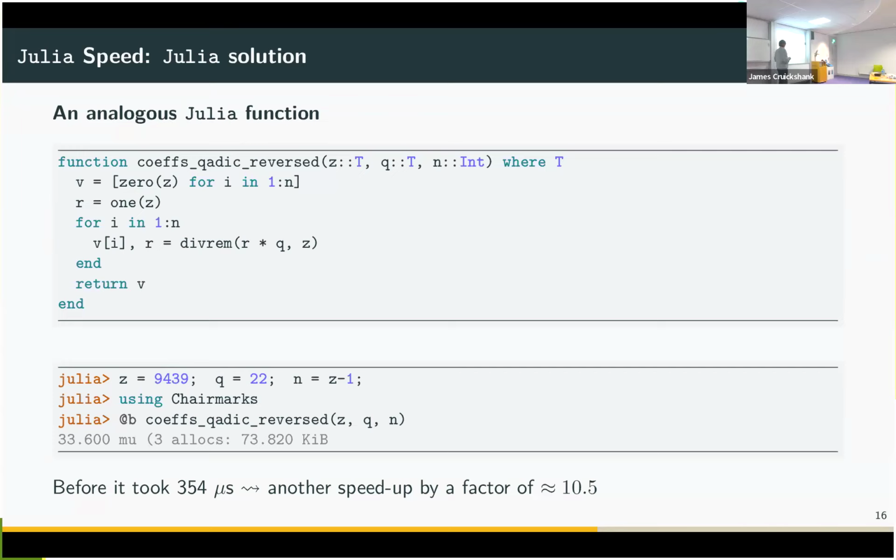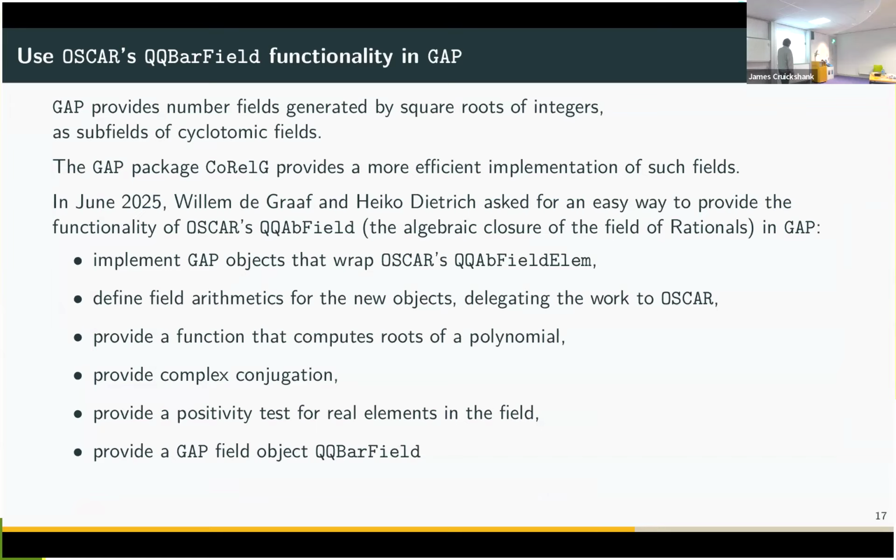And now some example from this summer. Graham, he's not here now, but he had told that we wanted to do some computations with square roots of integers. If these integers are not very, very small, then what GAP provides is really bad in terms of efficiency.